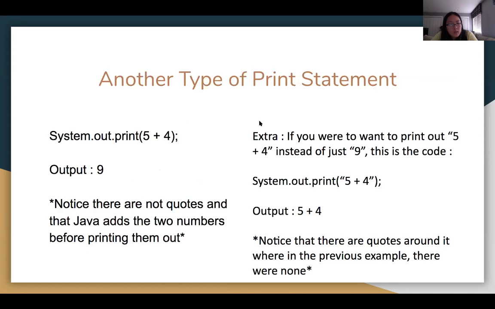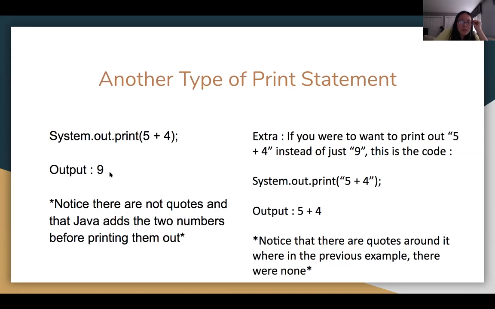All right. Another type of print statement, not really another type, but another thing that you could print out. You can see here that I have the same thing, System.out.print. But in parentheses this time, instead of something that has quotes around it, like the Hello World, I have 5 plus 4, like a regular addition statement.